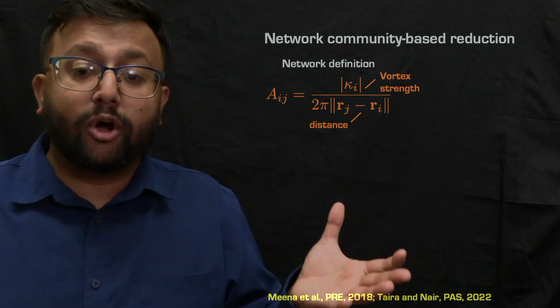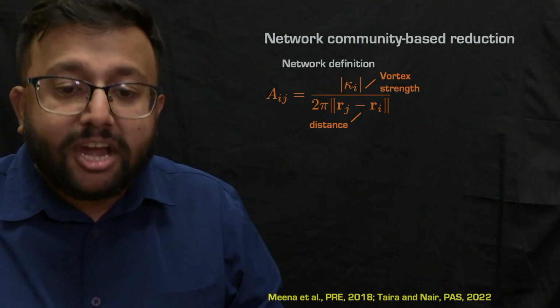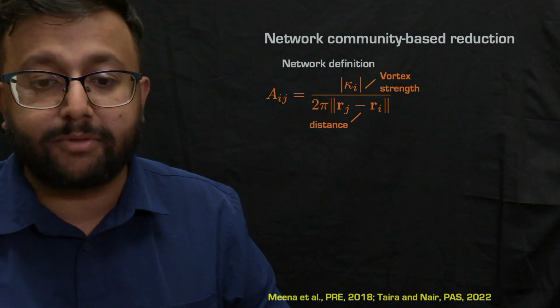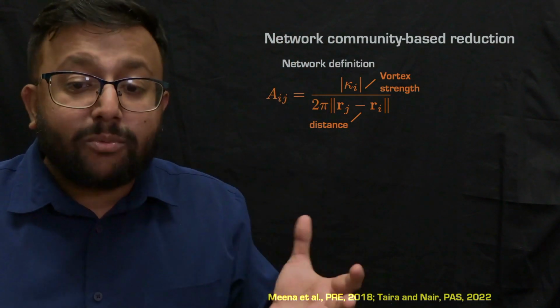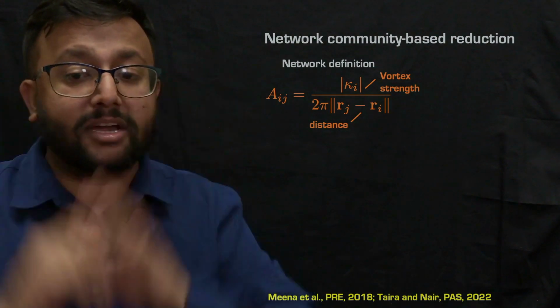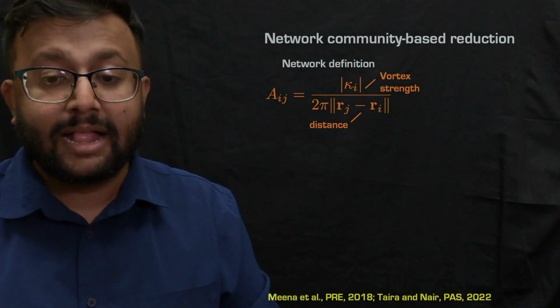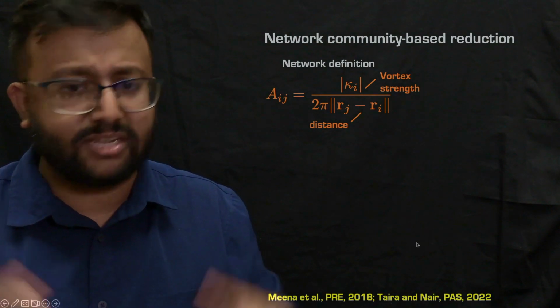So for a fluid flow, we typically have vorticity data at each grid point, say from a computational simulation or from doing PIV. So in this network, we are going to use the vortex strength or the vorticity at a particular grid point as a numerator, and the distance between the vortices as the denominator, essentially. Simple enough, right?